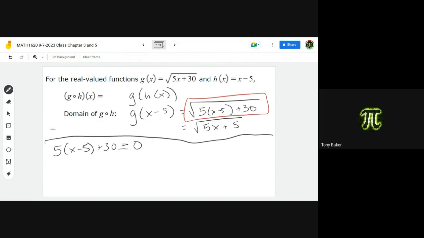So in this case, the simplification really didn't change much. So x has to be greater than or equal to -1. So if we do this in set notation, that would be my domain.